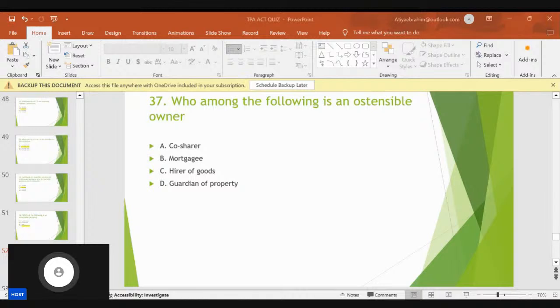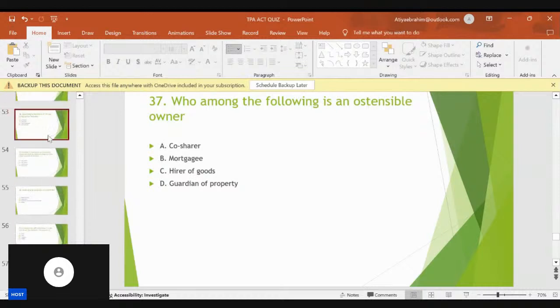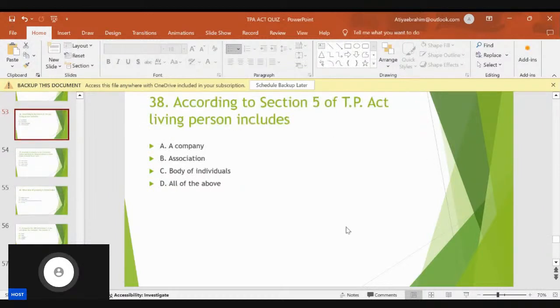Coming to the next question, ये बताओ आप, ये तो बहुत easy है. 38. If anyone has read section 5 of TP Act, you can easily answer. What will be the answer to question number 38?